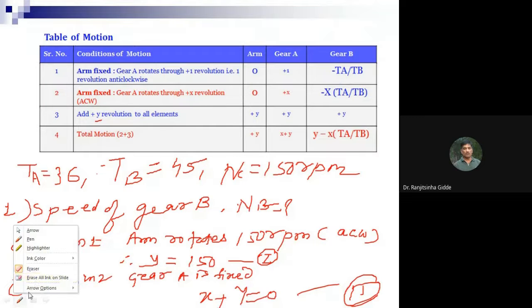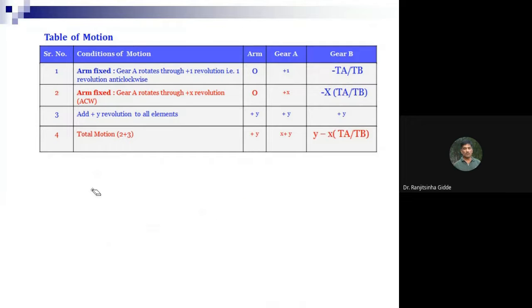Then I will erase this and only write the two equations so that we can focus on them. y is equal to 150.